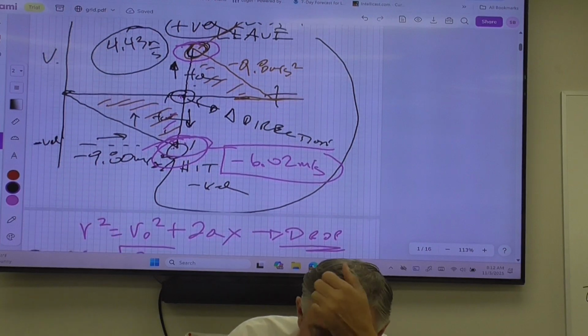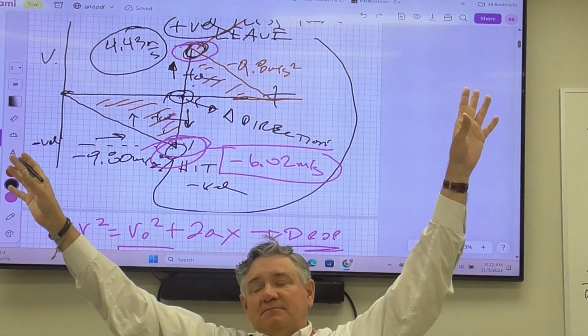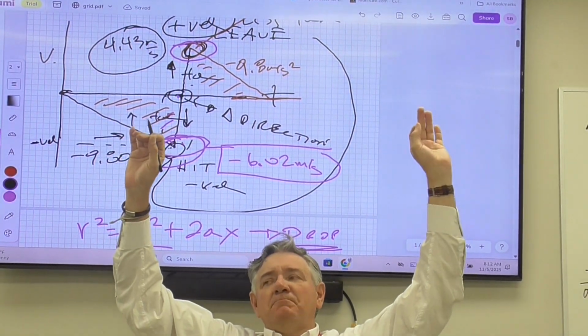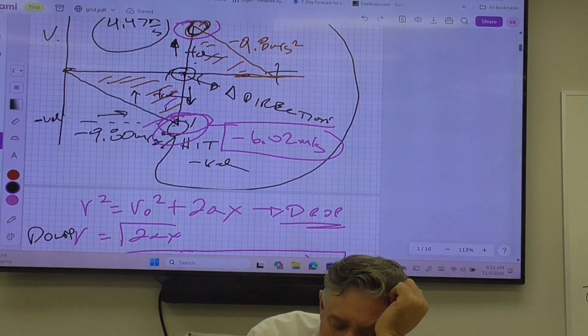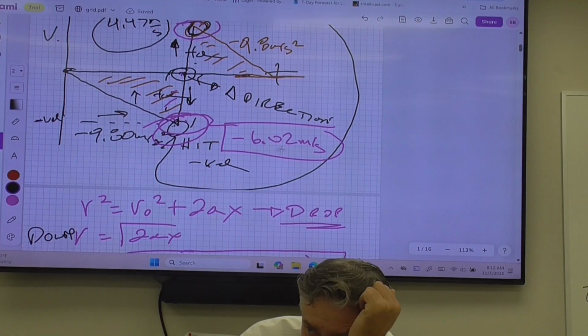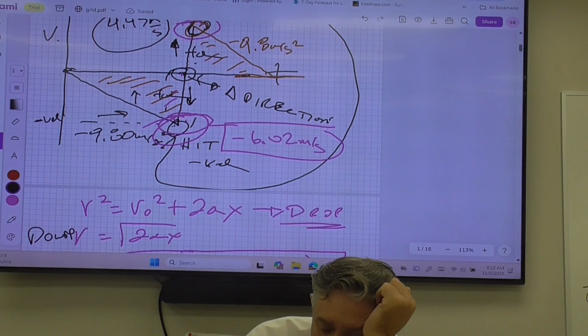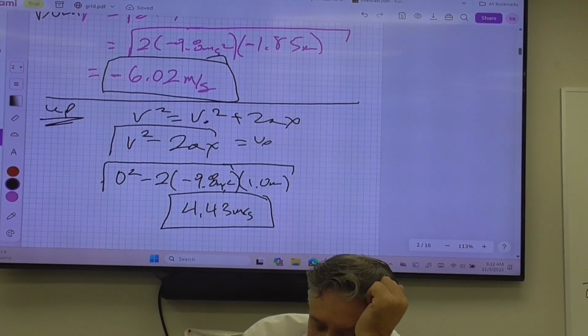Now, here's the end game. This is what we're after. But this is the trickiest part of this problem. I know that when it hits, it's going in negative 6.02. When it leaves, it's going to take off at 4.43.